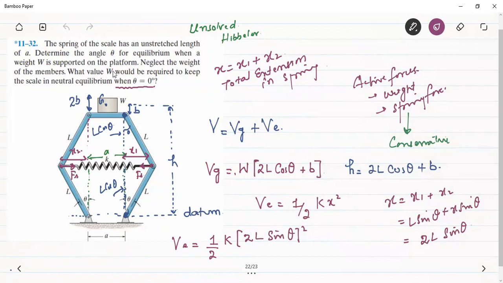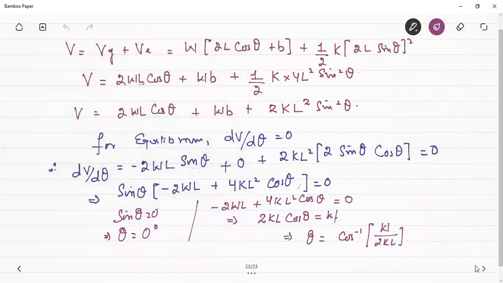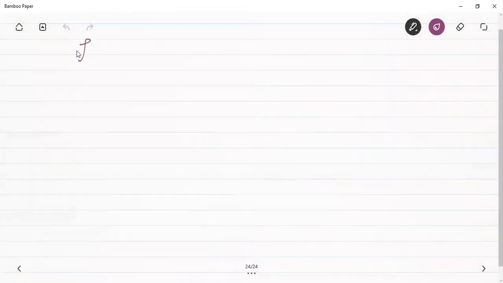Then what should be the value of W such that at theta is equal to 0 degree, the system is in neutral equilibrium? We also know the condition for neutral equilibrium: the second derivative of the potential function with respect to theta is 0.